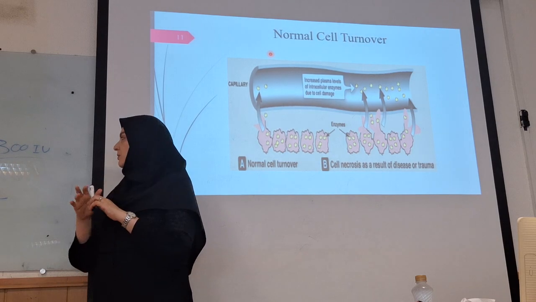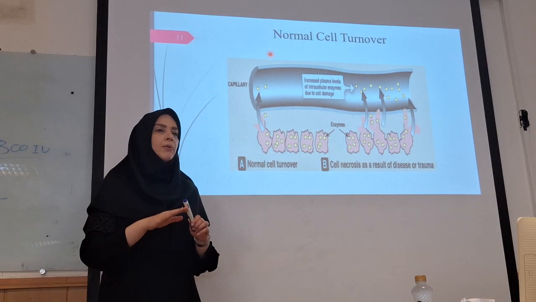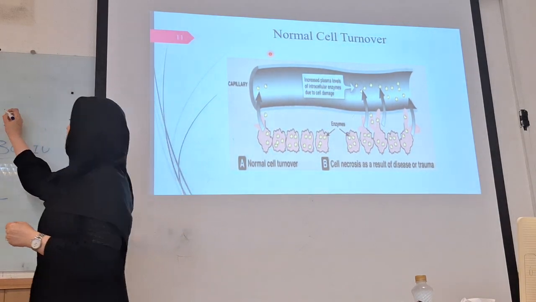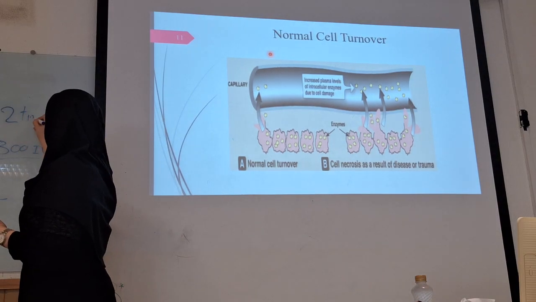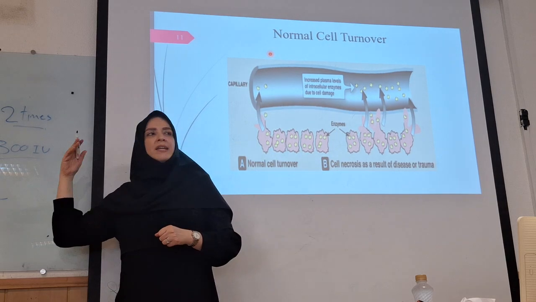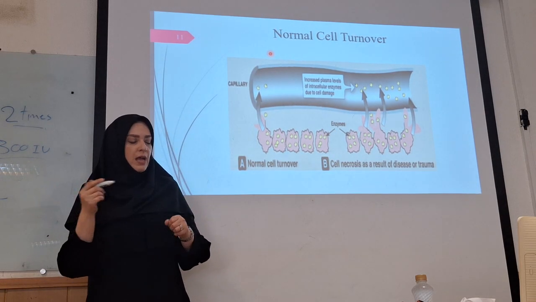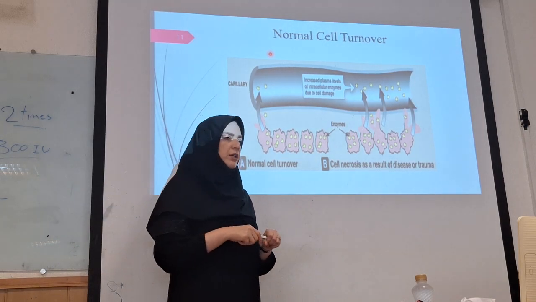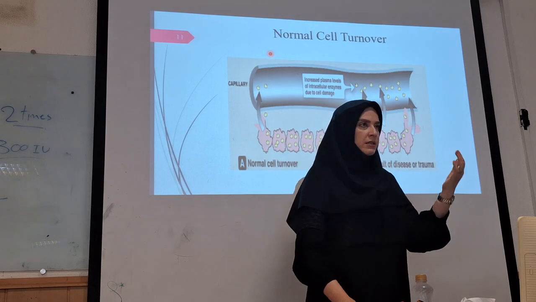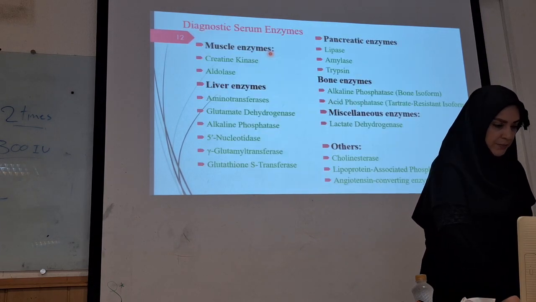But we have some guidelines for specific enzymes. For example, for some specific enzyme, 2 times the upper normal range is related to some acute disorder, and 5 times is related to some chronic disorder. But this is not actually correct for all enzymes. Each enzyme has a specific guideline to determine what the problem is. In the next slide, I will describe this.